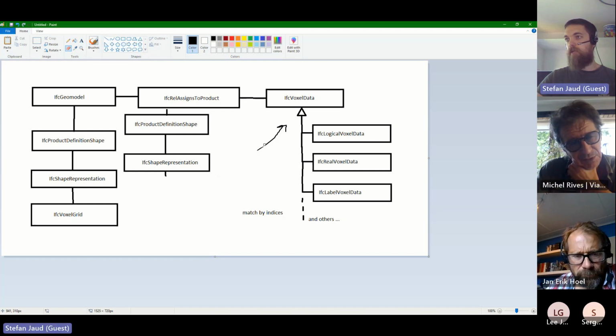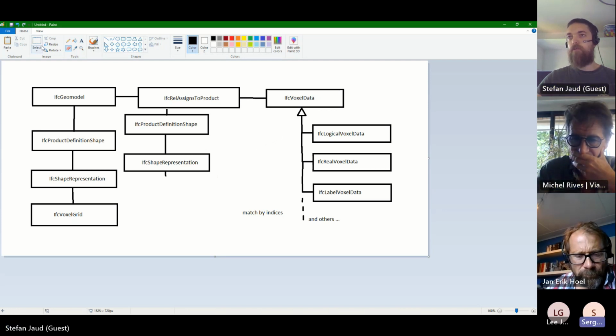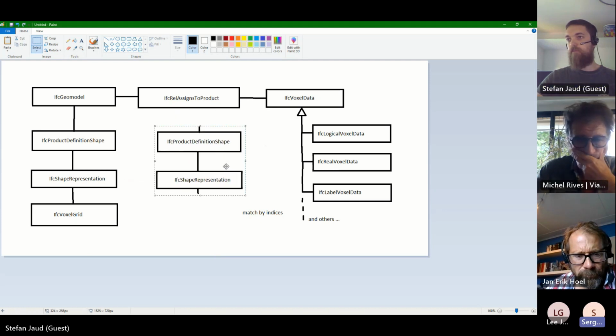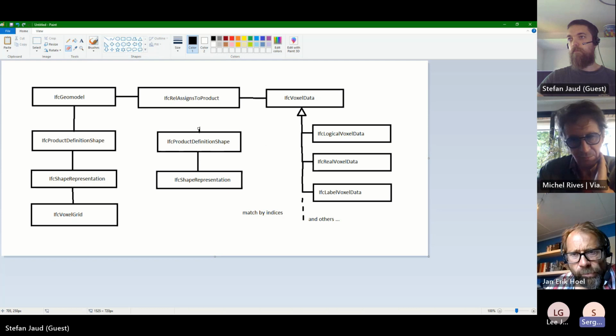Let me draw it, and then it might be clear. Yes. We have this diagram somewhere published already, because we showed it already. I just can't remember where we showed it. I think it's in our UML report, as a matter of fact.